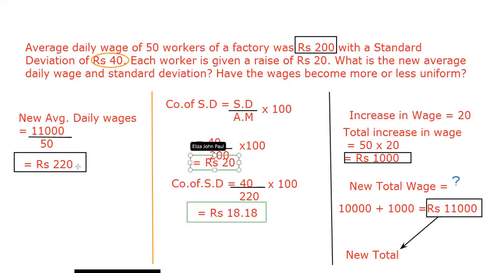When we find the coefficient for this 220, the wages become less uniform. So compared to the increase of rupees 20, the conclusion is that wages become less uniform. So this is our conclusion. Got it?